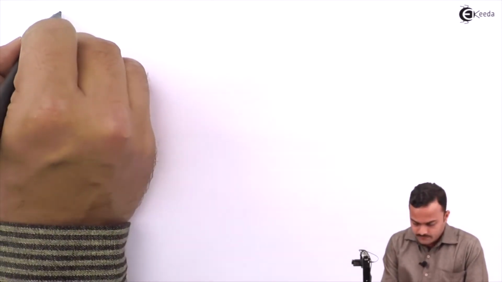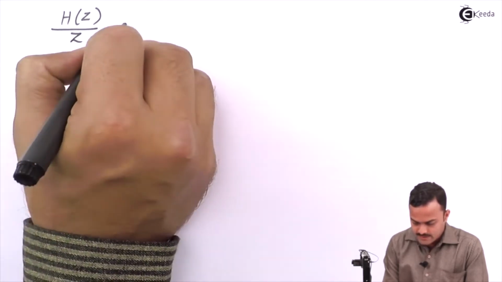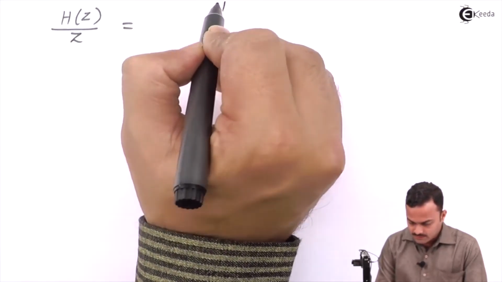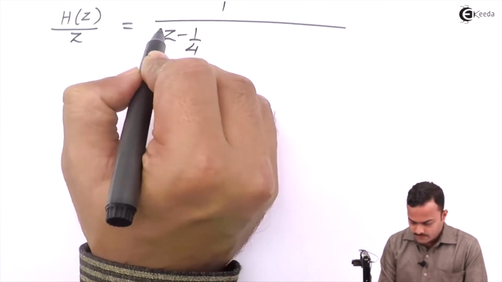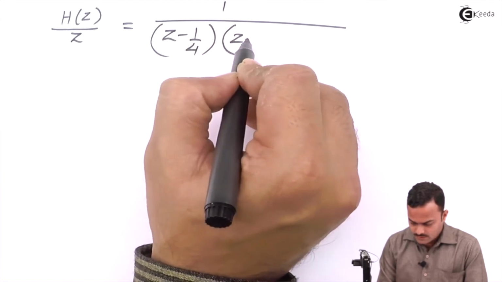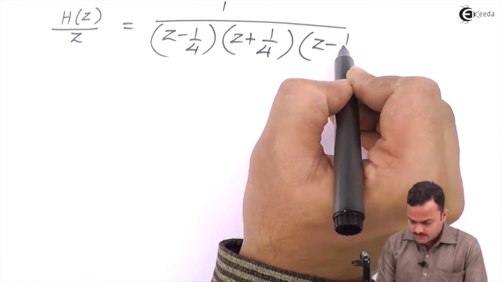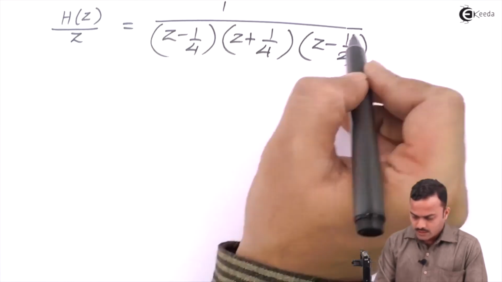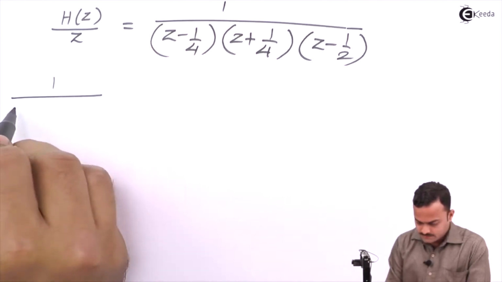So for inverse Z transform, we know for a linear factor we always take H of Z by Z, which is nothing but 1 upon (Z minus 1 by 4), (Z plus 1 by 4), (Z minus 1 by 2). And we'll do the partial fraction of this. So I'll take this out.